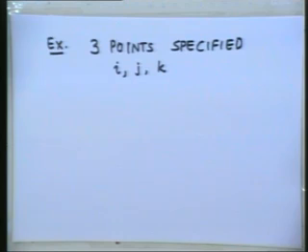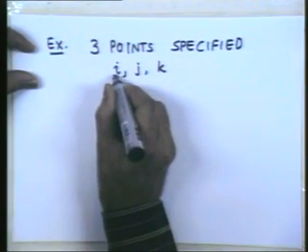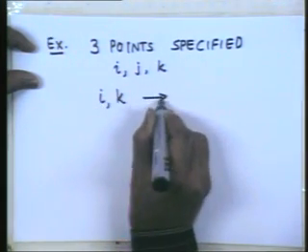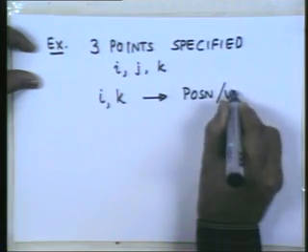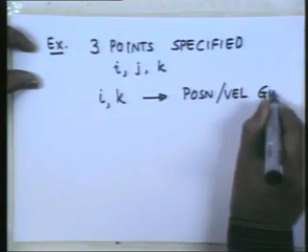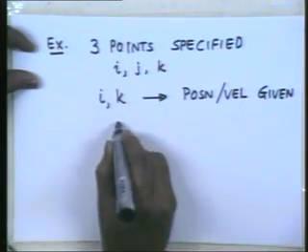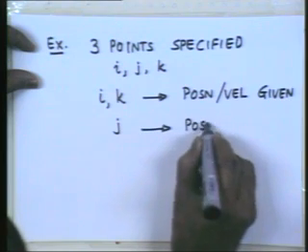They are just 3 general points, and what we are trying to say is that at I and K, to be representative, position and velocity are specified. Okay, but at J, which is the via point or intermediate point, he specifies only the position.